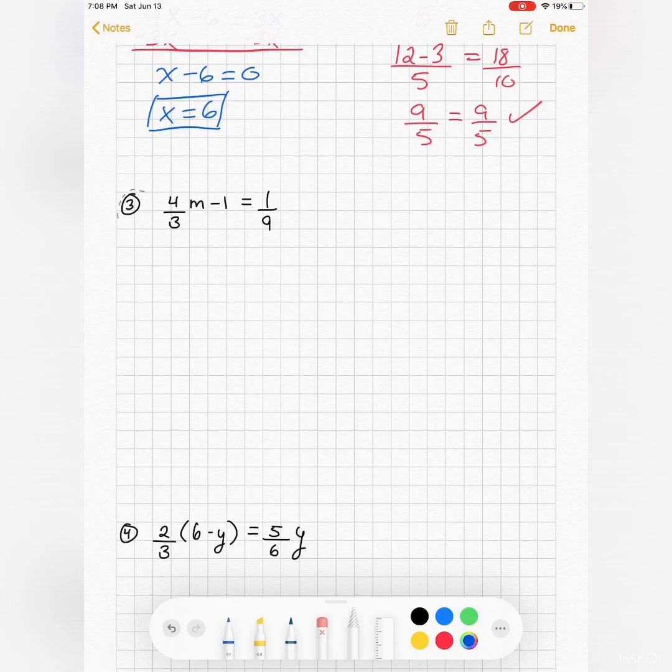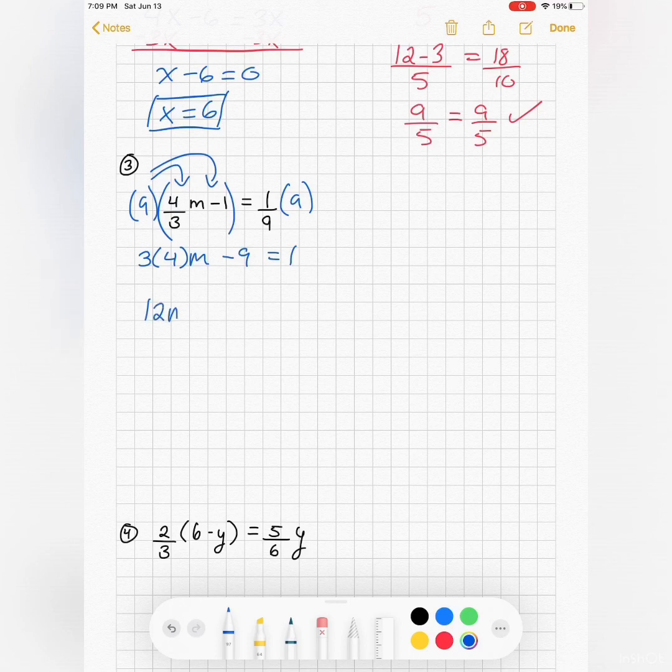I do the same thing with number 3. Okay, distribute. So 9 divided by 3 leaves me with 3. 1 on the right. Add the 9. And 5/6.